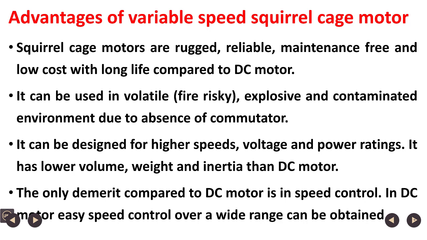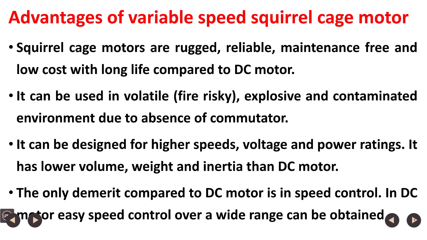In DC motor, the commutator and brush require frequent maintenance, because sparking occurs at the commutator and brush. Because sparking occurs, it cannot be used in volatile environments where fire risk is there, in explosive environments, and in contaminated environments. But squirrel cage induction motor, because commutator and brush are absent, can be used in all these environments.